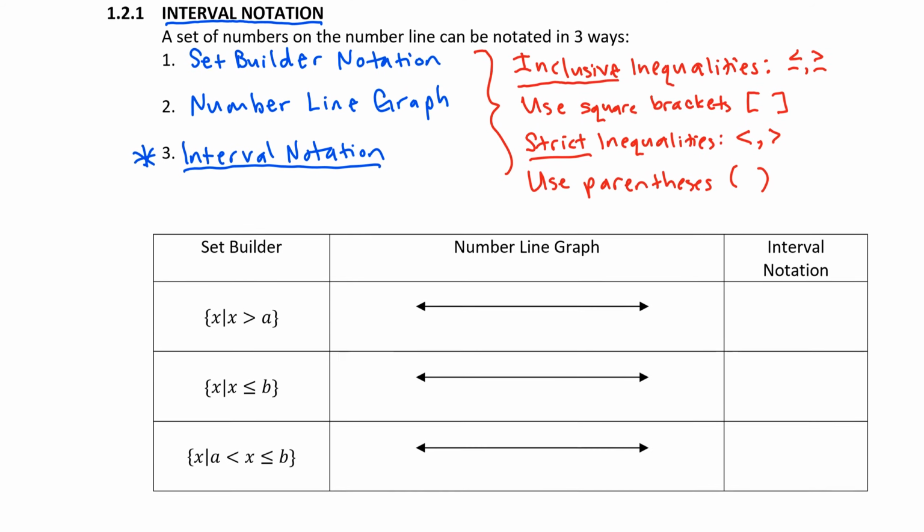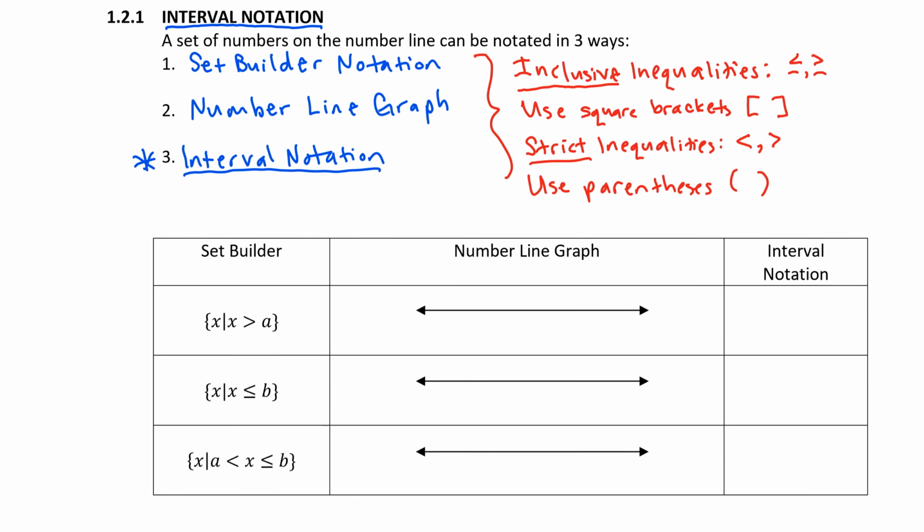So on the table below, we're going to start with what looks like the solution to an inequality. This is going to be the very end of our problem. After we learn how to solve an inequality, that's what the solution is going to look like. To put it in Setbuilder notation, we just dress it up a little bit. We add these curly braces. That indicates that we're dealing with a set.